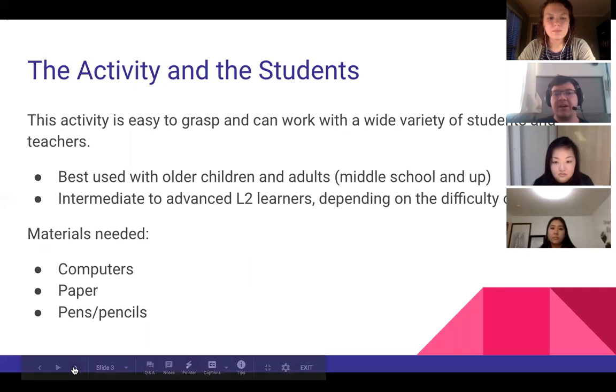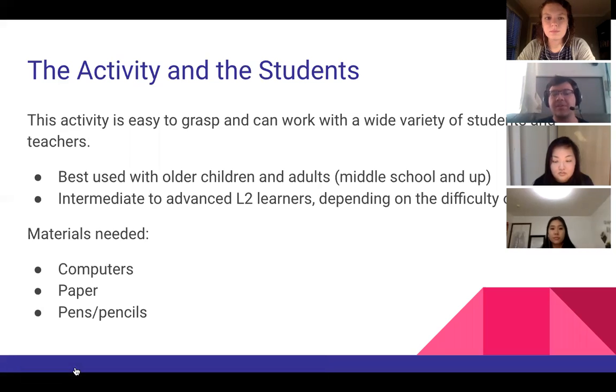Like I said, it is easy for students to grasp. It can be used with a variety of students and teachers. I would say it's probably best used with older children and adults, so like middle school and up. Intermediate to advanced L2 learners, depending on the story and its complexity, but at least intermediate would work best.